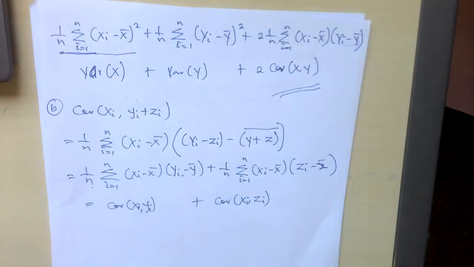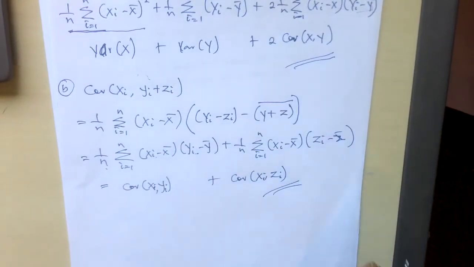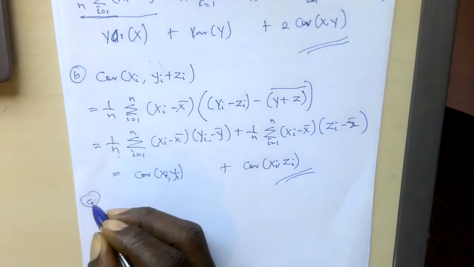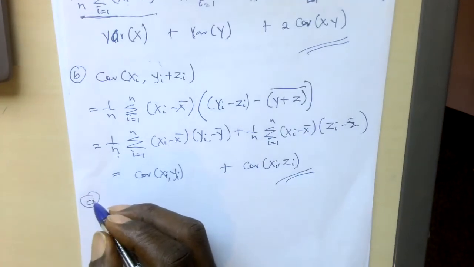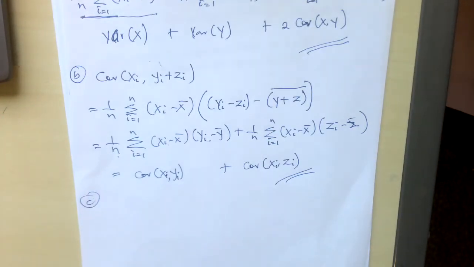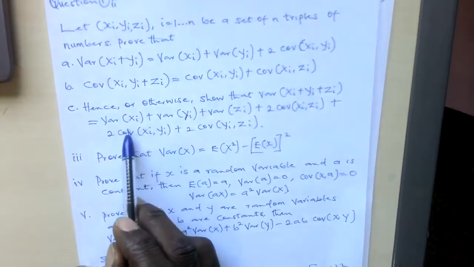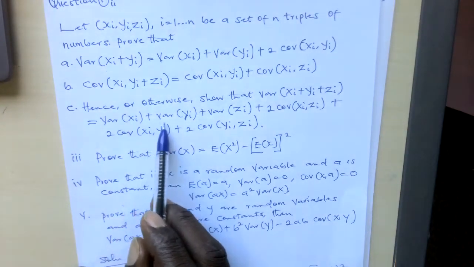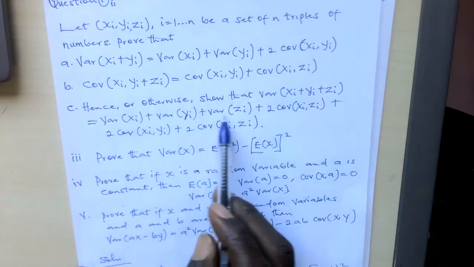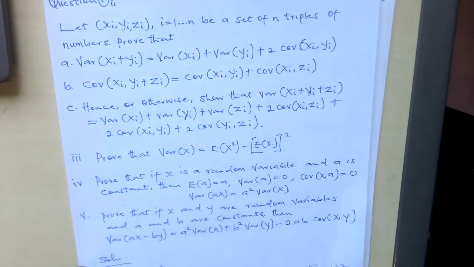So with that, let's go to C, which is the proof. The C part says, show that the variance of xi plus yi plus zi equals this. So the C part: prove that this equals this.